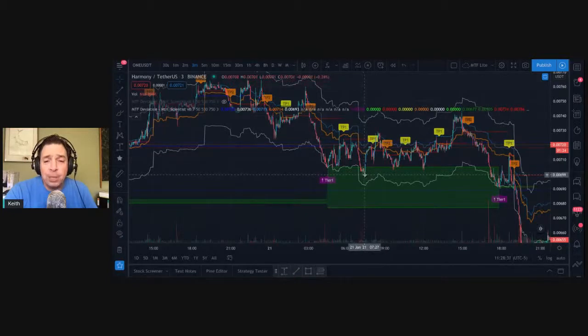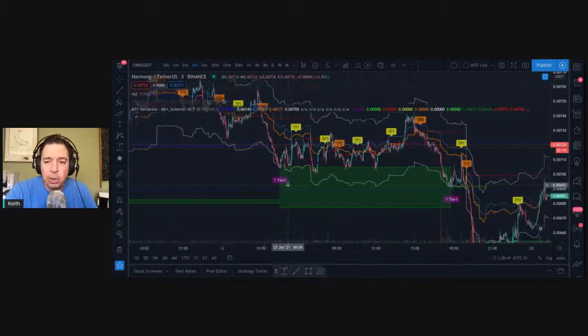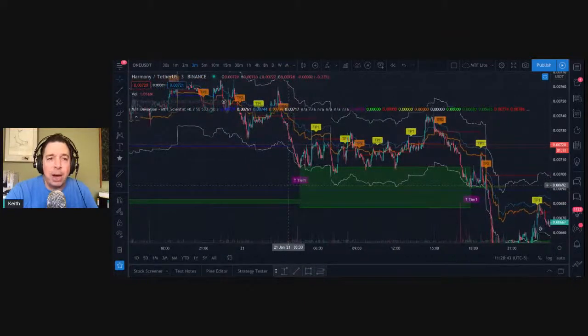Did it still have legs? And in this case, it did. And again, I'll show you how to screen that on a fire chart when it's done on TradingView.